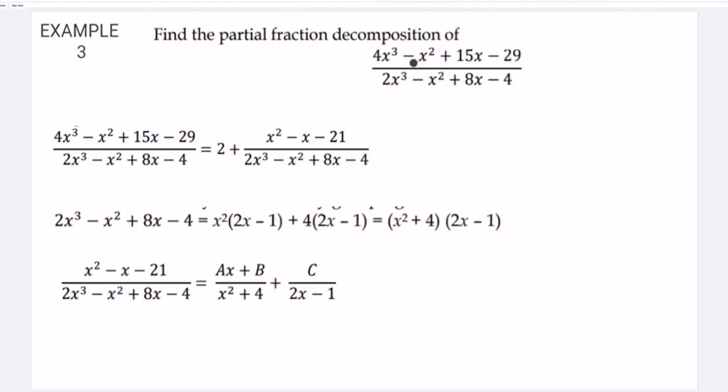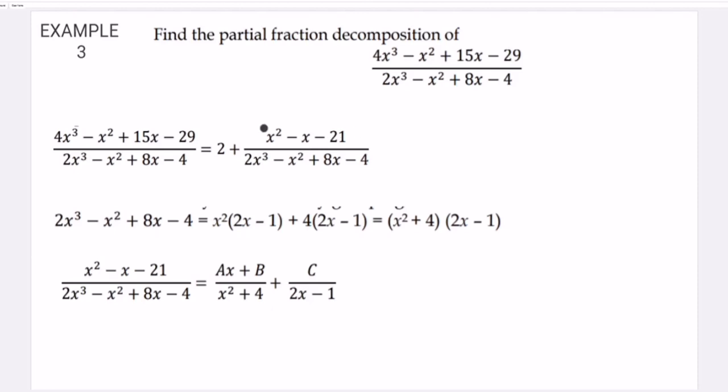So if we divide 4x cubed minus this one by the denominator, our quotient will be 2 plus the remainder x squared minus x minus 21 over 2x cubed minus x squared plus 8x minus 4. So this is our division.